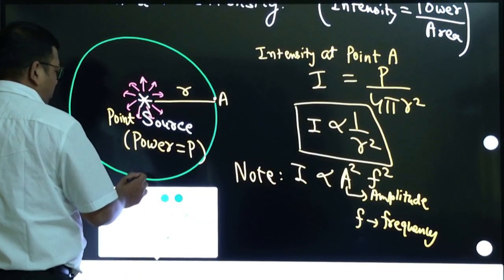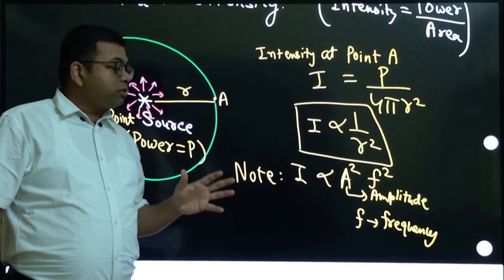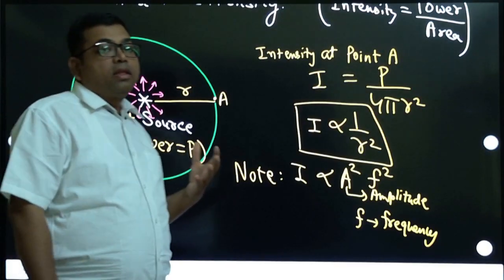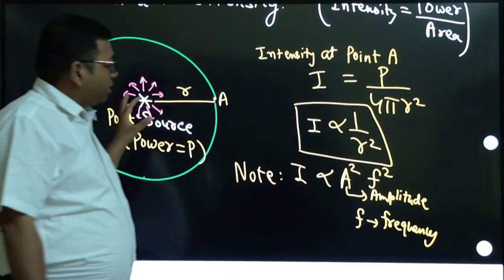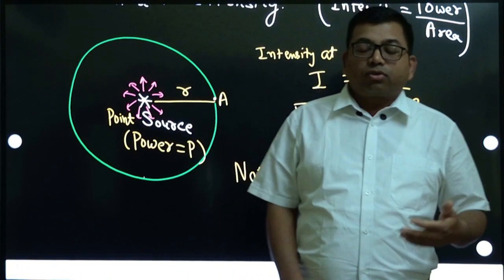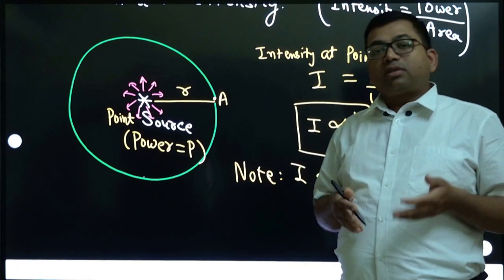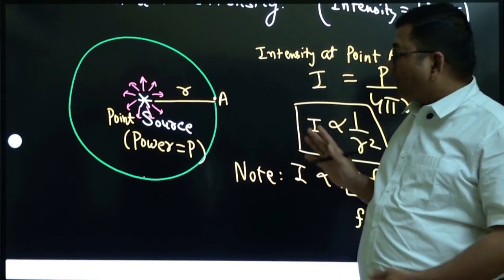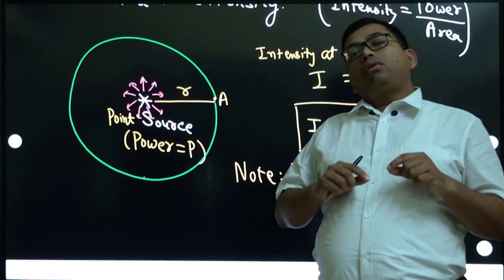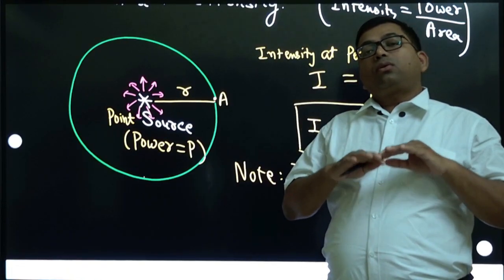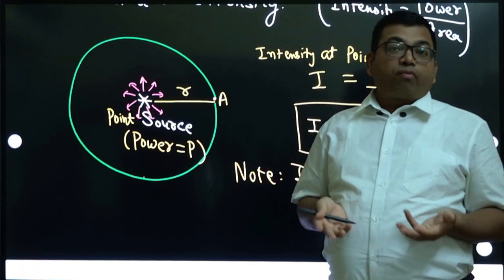Now what about loudness? This concept is valid only for a point source. If there are different sources, then intensity may change according to the source, and this concept depends on wavefront. The concept of wavefront you will study in light, but here you can note what a wavefront is. Wavefront is nothing but all such points which are at the same distance from the source. When you join them, it becomes a wavefront.